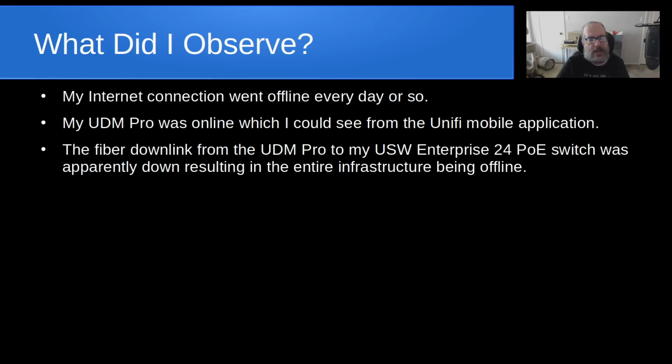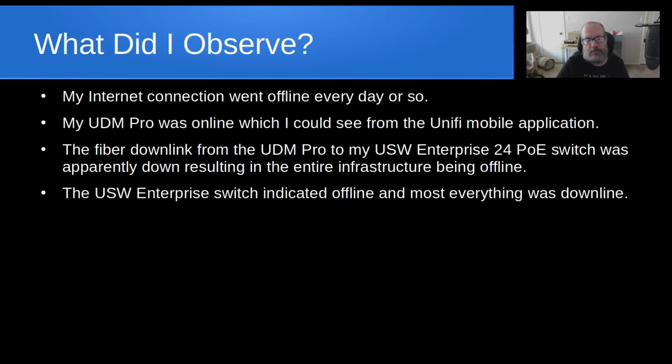When I looked at it through the mobile app, I could see that that switch was in fact offline, and most everything was downline from it. Certainly my desktop computer wasn't responding, and neither were any of my servers, which were further down in the switch infrastructure.